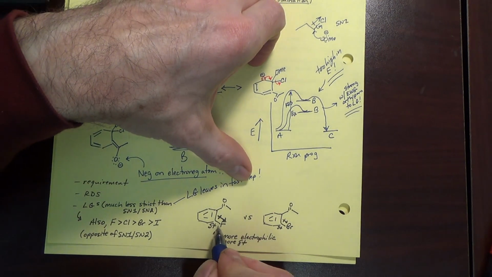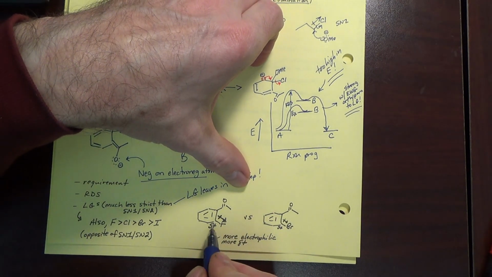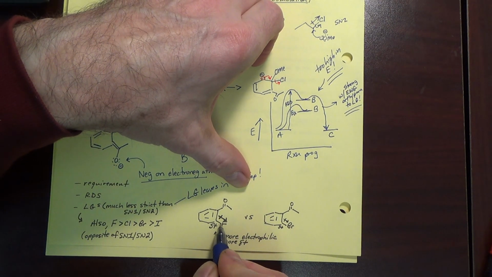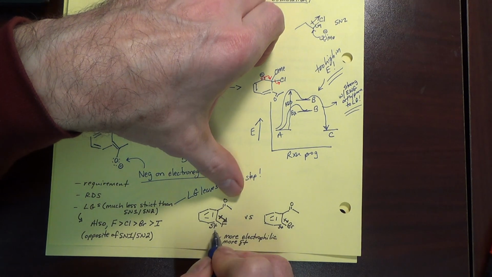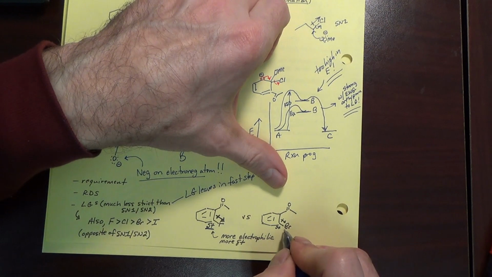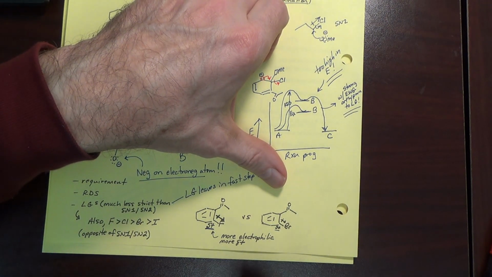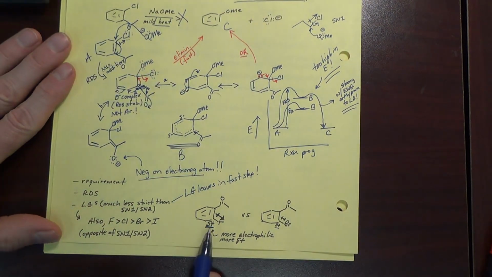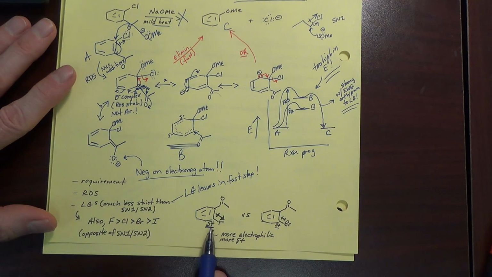Well, guess what? The CF bond is more polar. There's a stronger dipole here. The F is more electronegative, and there's more partial positive on that carbon than this carbon. And since there's more partial positive there, the nucleophile will be more attracted there, and that will help make the nucleophilic addition easier.